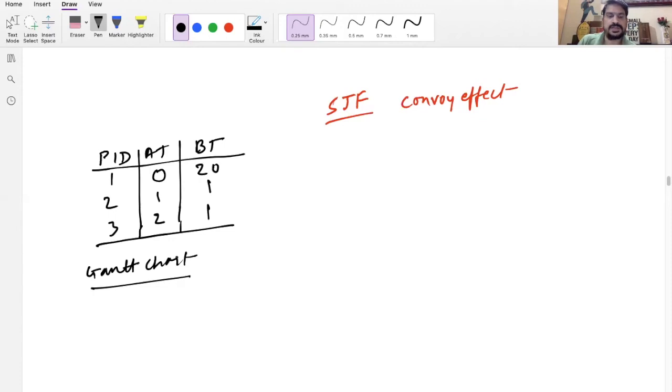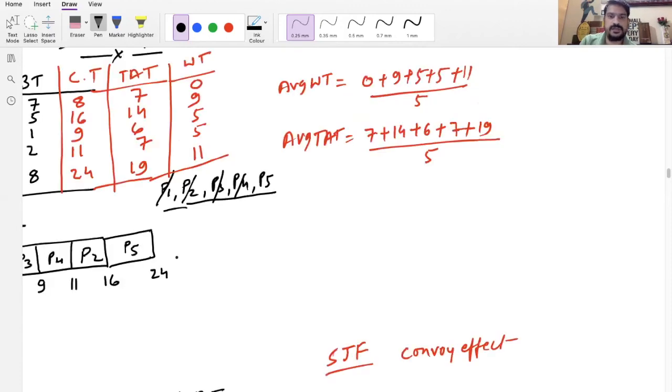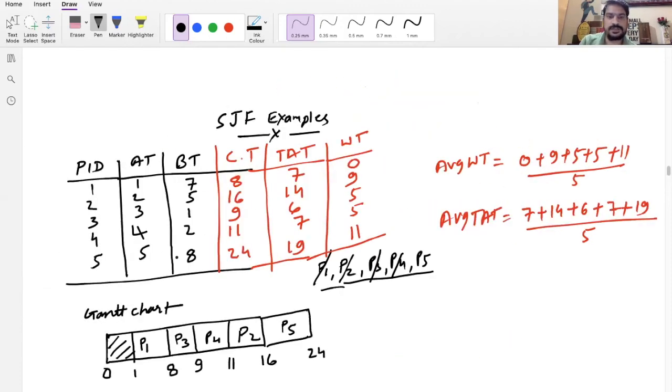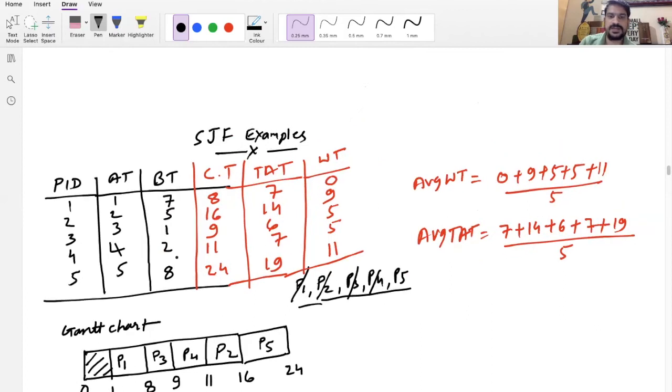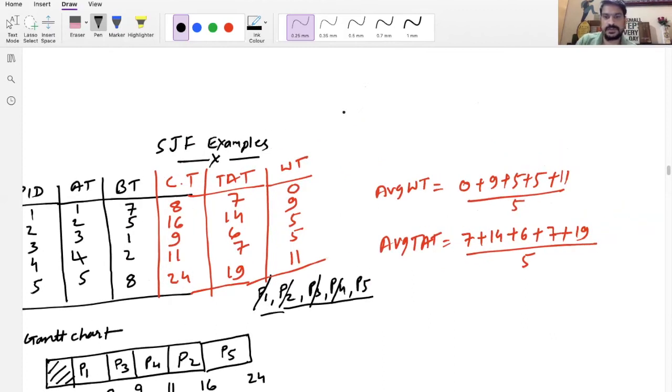Now here in this particular example, you understood which type of data structure we have to use to fulfill the requirement of shortest job first. So the data structure, we cannot use a queue here.